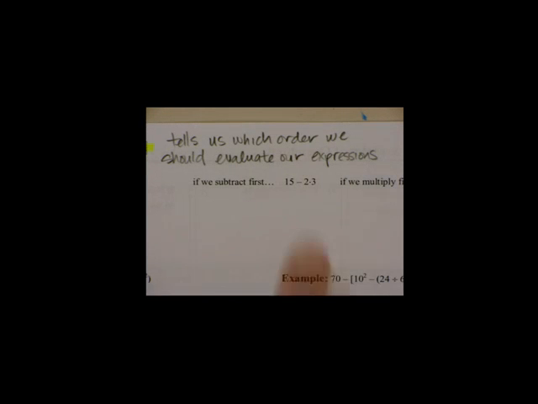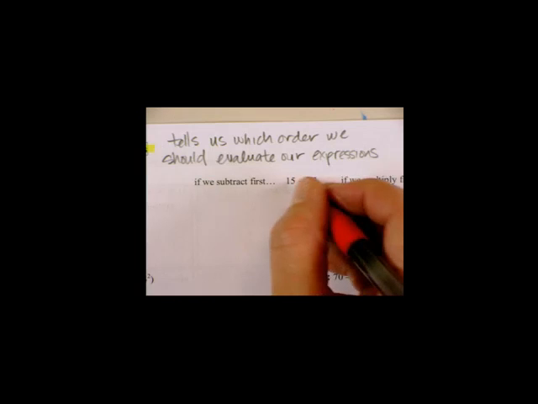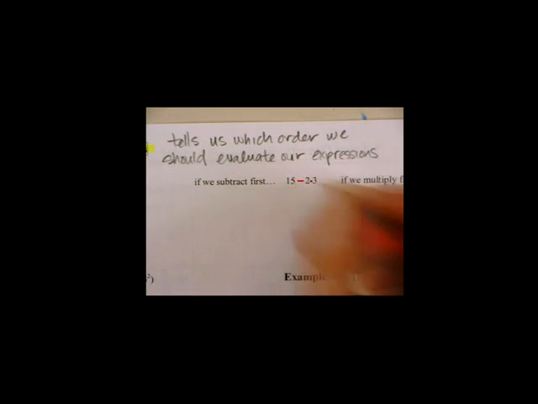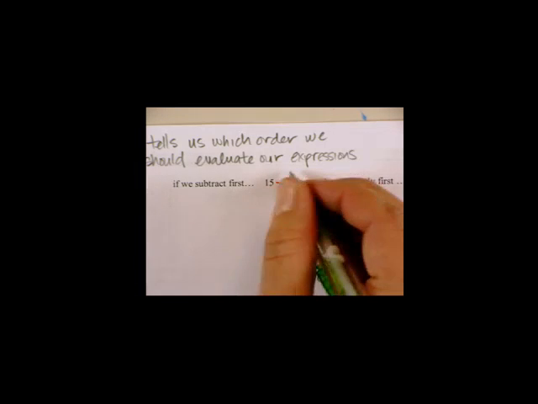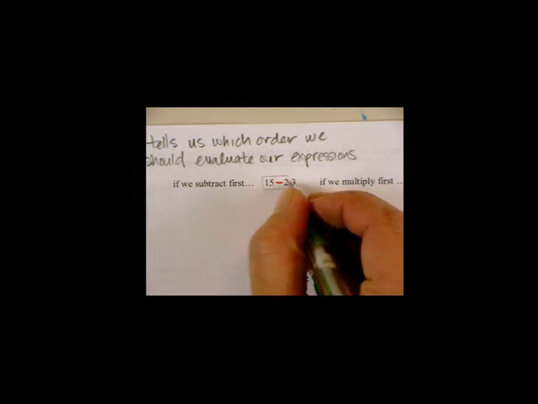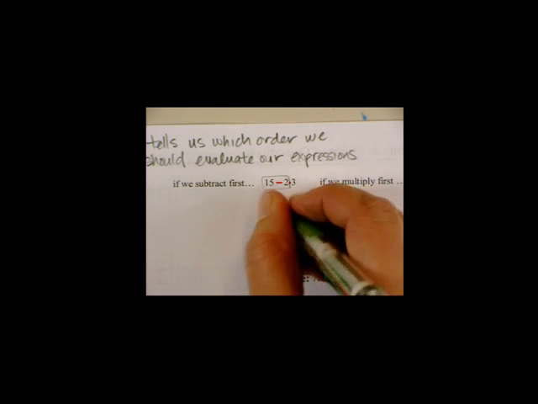For example, if I look at this, 15 minus 2 times 3, I have two operations. I have this minus sign, and I have this multiplication symbol. Those are the two things that I need to do to these numbers. Now, if I subtract first, I would be looking at this subtraction and saying, okay, well, what is 15 minus 2? Well, 15 minus 2 is 13.